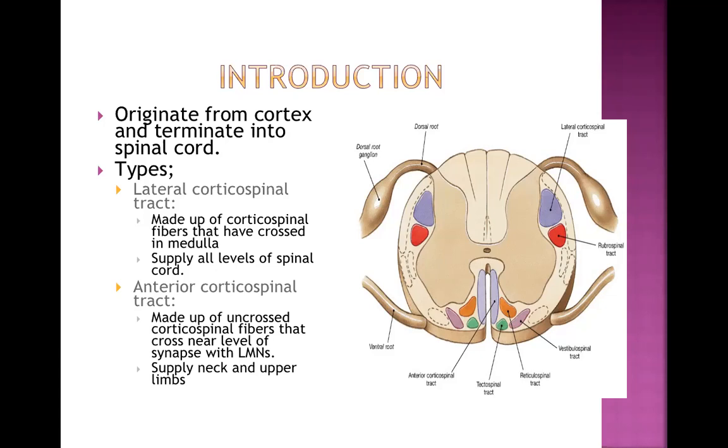They just descend downwards like that. This is anterior corticospinal fibers. But they also cross and go to the opposite side. But where? That is the question. It is near to the level of lower motor neuron in the anterior horn cell. And it supplies neck and upper limbs area only.